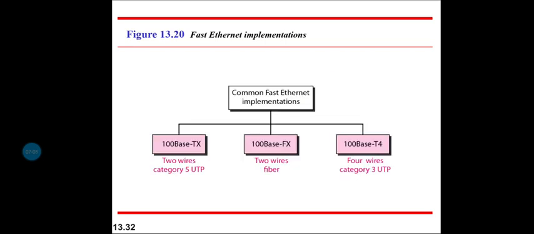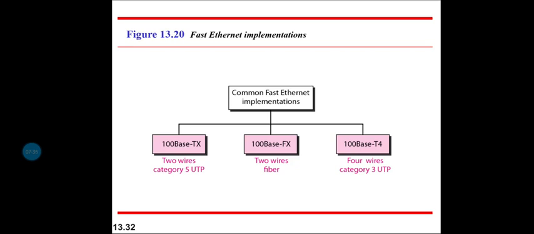Then moving on to the implementation of the fast Ethernet at the physical layer, which can be categorized as either 2-wire or 4-wire construction.